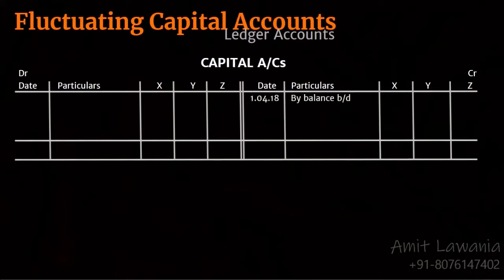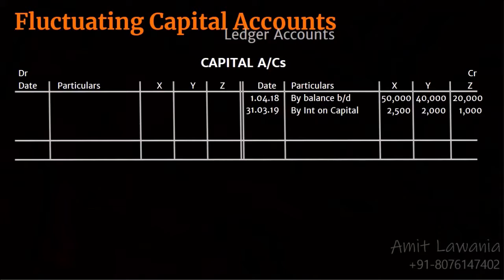We start with the balances brought down as on 1st April, 50,000 rupees for X, 40,000 rupees for Y, and 20,000 rupees for Z.